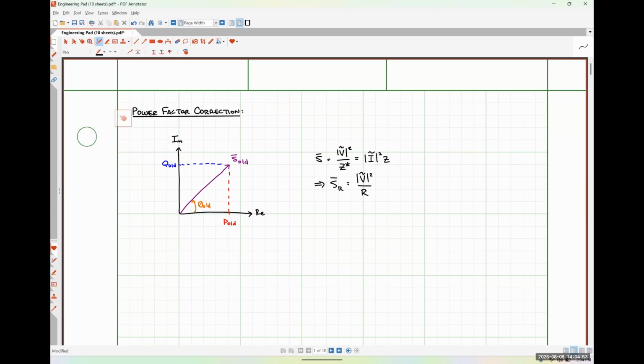So the complex conjugate of R plus j0 is just R minus j0, which is literally just R. And pretty similarly, in terms of our current, we would just have the magnitude of I squared times R. So that means that resistors, because their complex power is always purely real, all they do is absorb average power in our system. Okay.